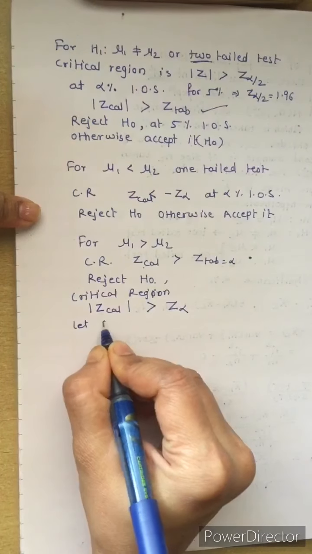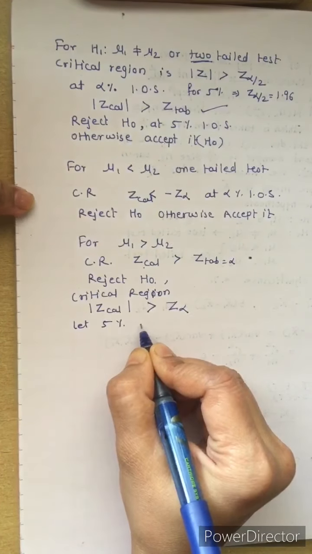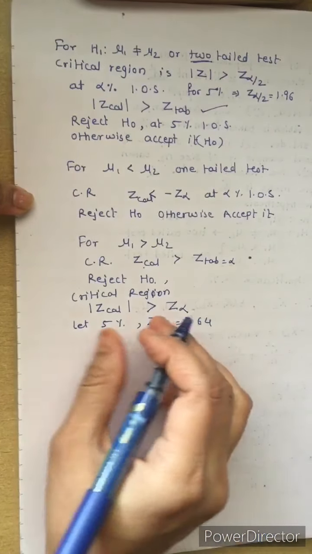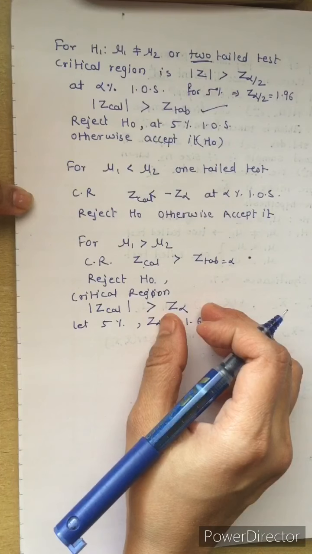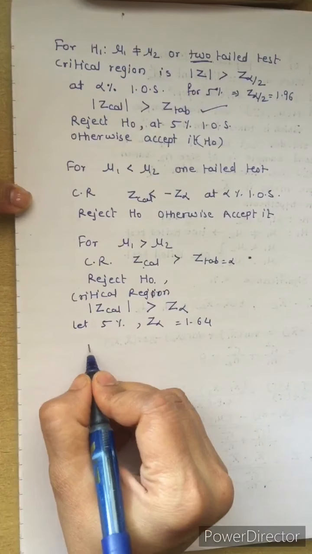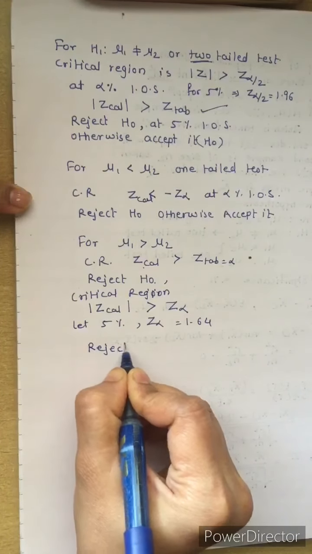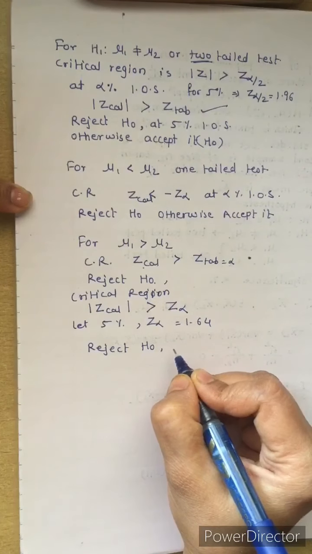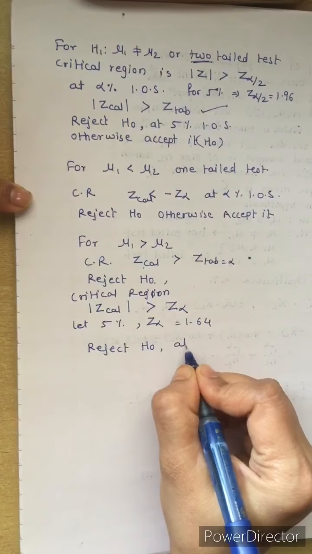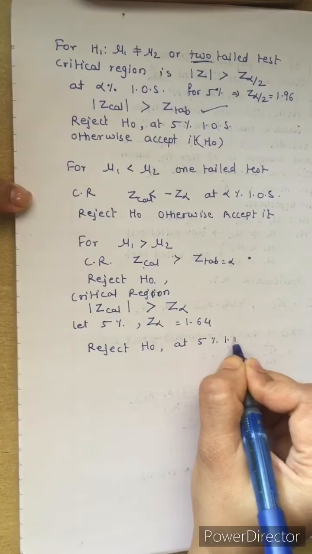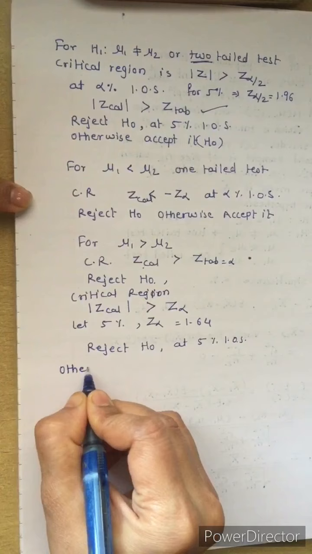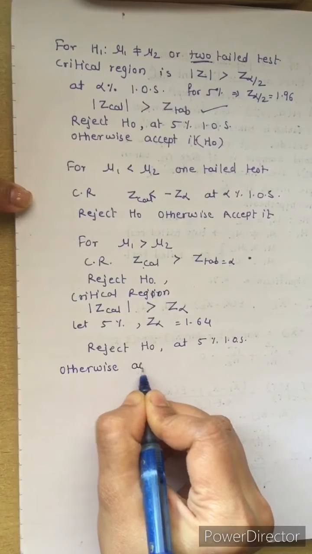Let's suppose you have 5% alpha value, z alpha is 1.64. So compare the calculated value with 1.64 for a one-tail test. If the calculated value is greater than the tabulated value, then reject H0. And when we reject H0, it means we accept H1. Please write down, reject H0 at 5% level of significance or alpha percent level of significance. Otherwise, accept it.